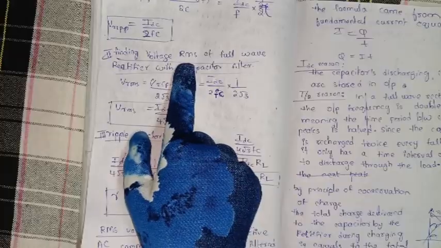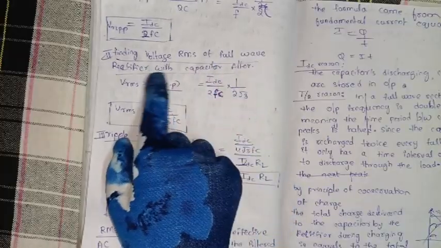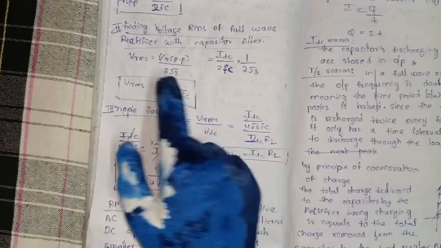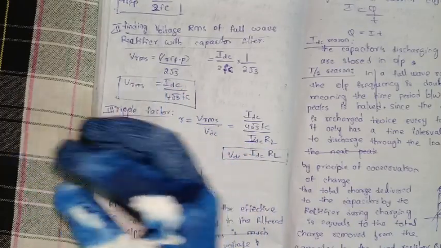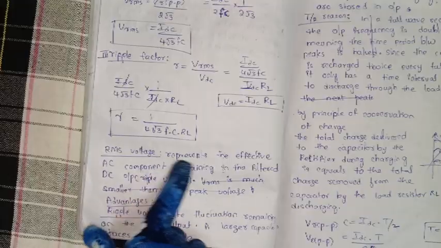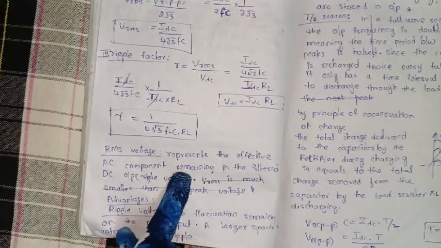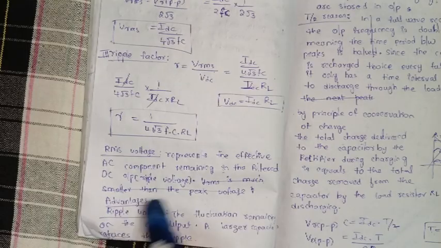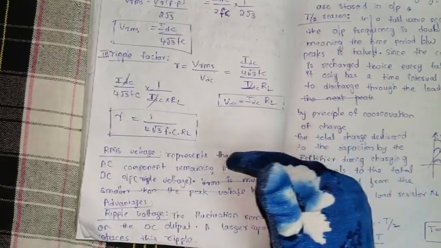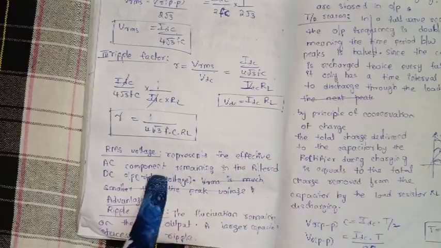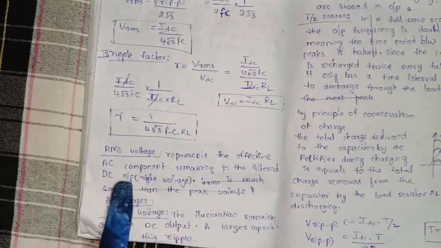Then finding voltage RMS of full wave rectifier with capacitor filter. So what is VRMS? We have to understand first. It represents the effective AC component remaining in the filtered DC output.